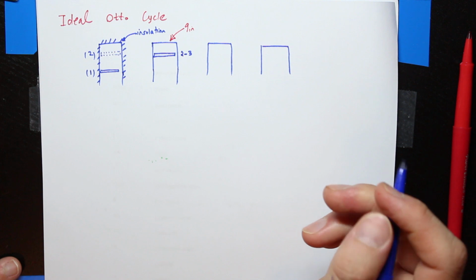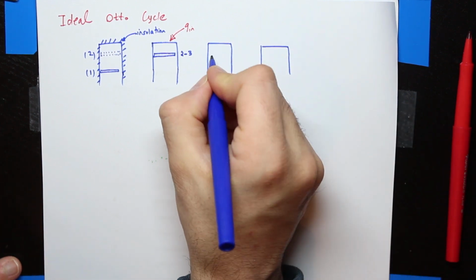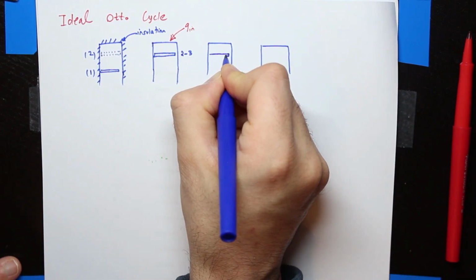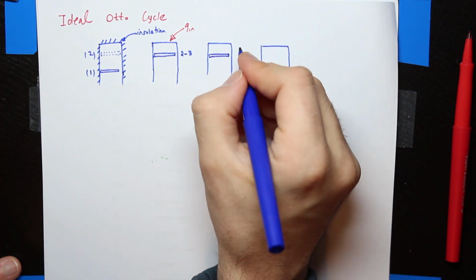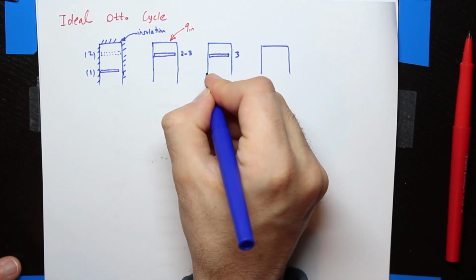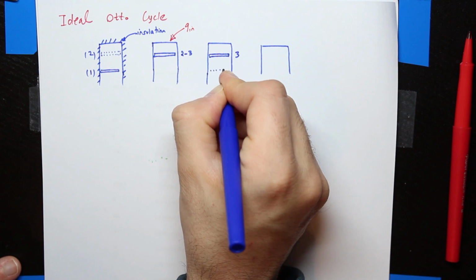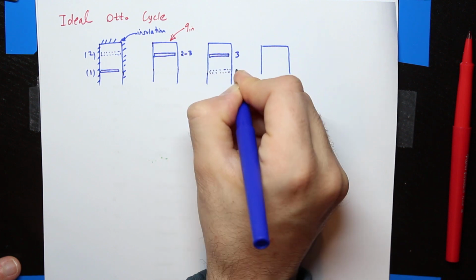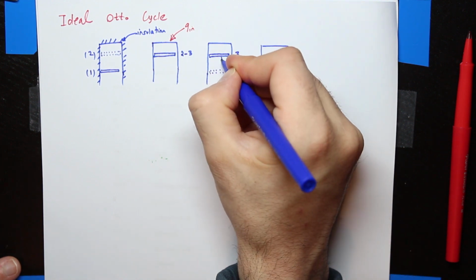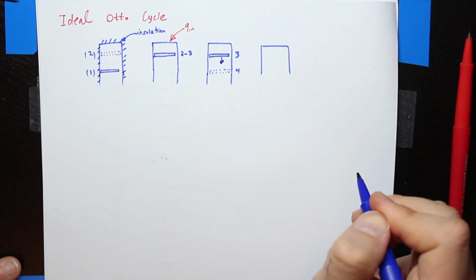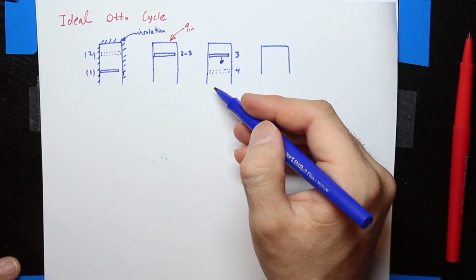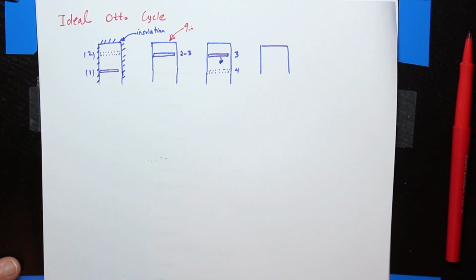For the next schematic, the piston is providing some work. It starts at state 3 and then goes down to state 4. The piston is going down from 3 to 4, and that is exactly where we are receiving the work that we need in the engine.